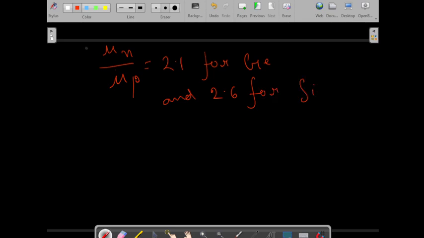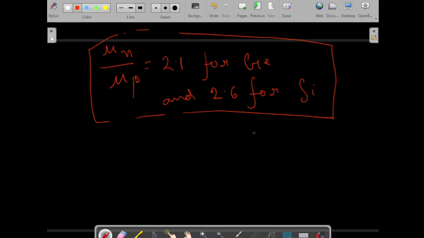This value is important for the exam point of view. This question is asked in GATE. So remember the magnitude of the ratio between mu n and mu p.